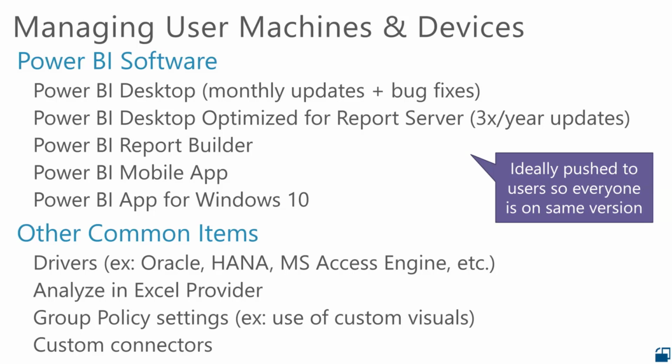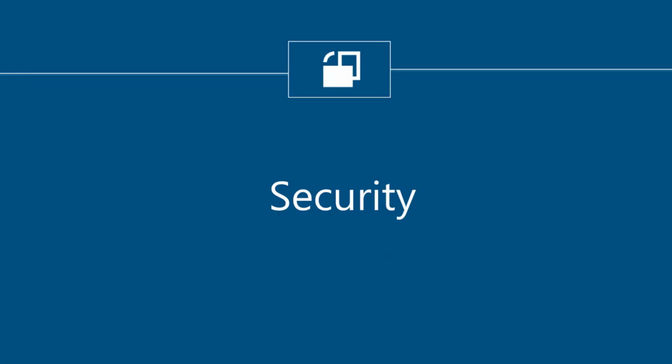The most common one is that custom visuals one that we talked about a few minutes ago. And then if your org has made use of any custom connectors that have been created either by you or by a third party to get to a specialty type of data source. So incidentally, these kinds of things, in addition to installing them on the user machines, you would also need to install on a gateway machine, which we'll talk about here in a little bit.